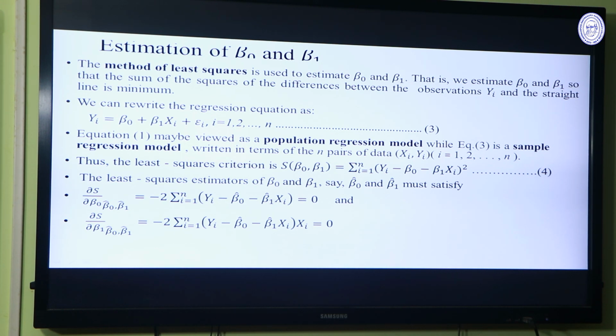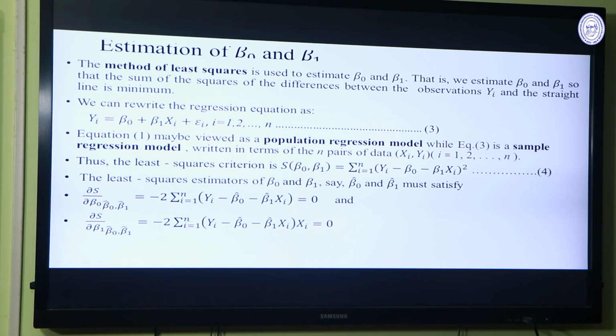So, we use the easiest method, that is to collect one sample which will be representative of the population, and then we regress that sample data set. On the basis of that sample data set, we can rewrite the regression equation: yi equals beta 0 plus beta 1 xi plus epsilon i.